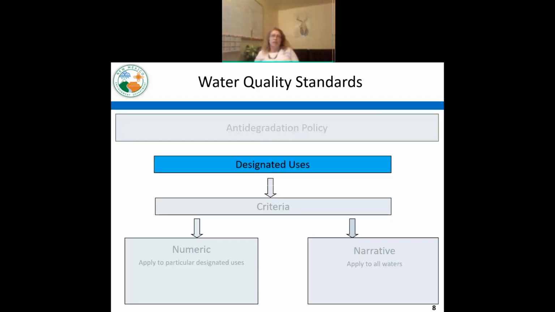So moving on to the second element in water quality standards, which are designated uses. Designated uses can be thought of as the goals for a water body. They're the highest use which the water body should be able to support. As part of meeting the objective of the Water Quality Act, the state has established 2 subcategories of recreational uses and 7 subcategories of aquatic life uses.